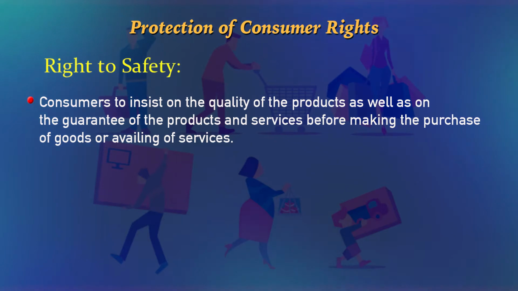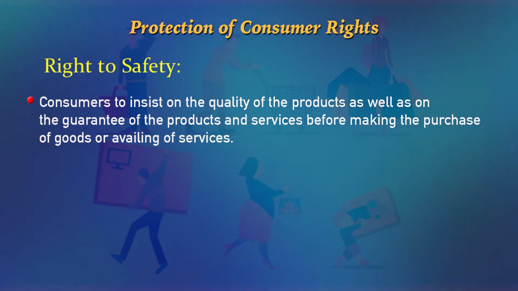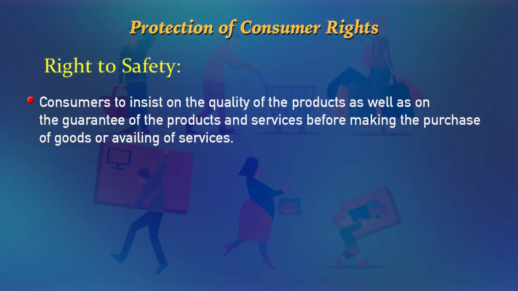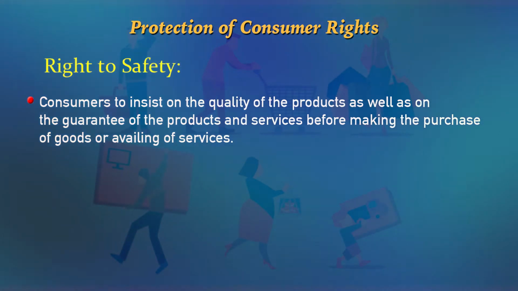Before availing the services or purchasing the goods, the consumer should ensure that the quality of the product is as per the standards prescribed by the concerned authorities, and also that the goods are free from any hazardous nature.